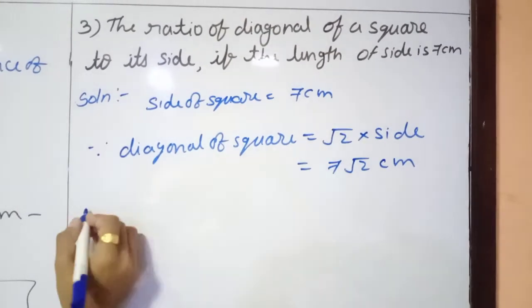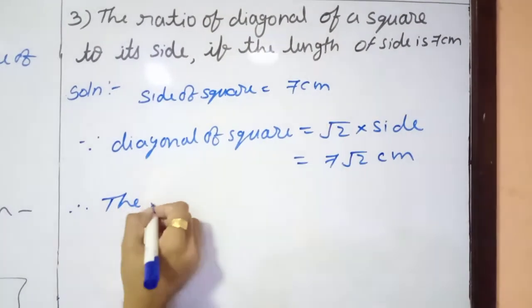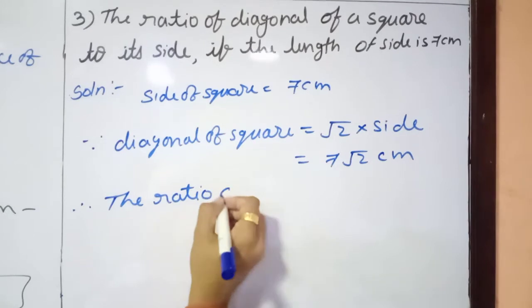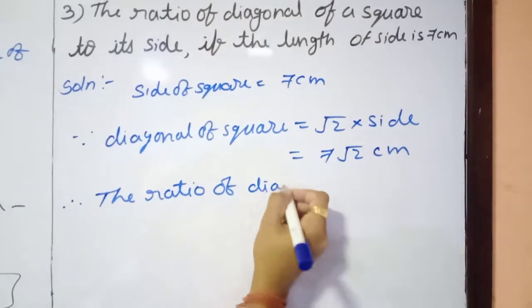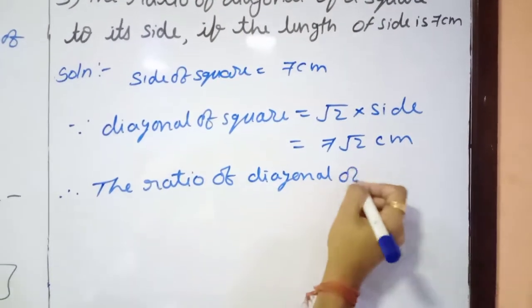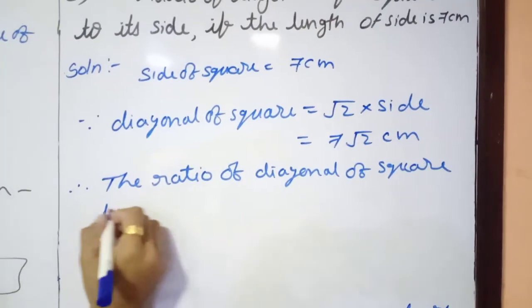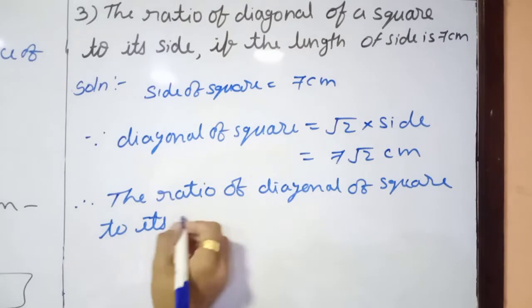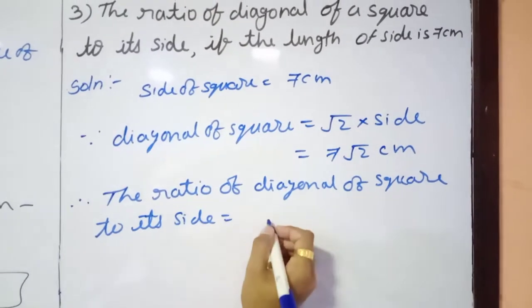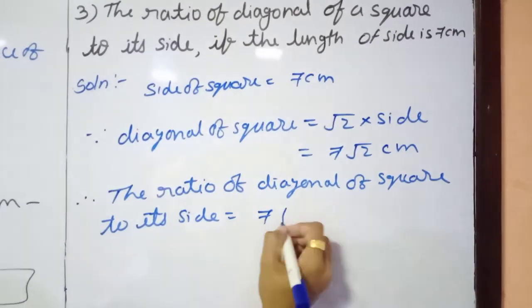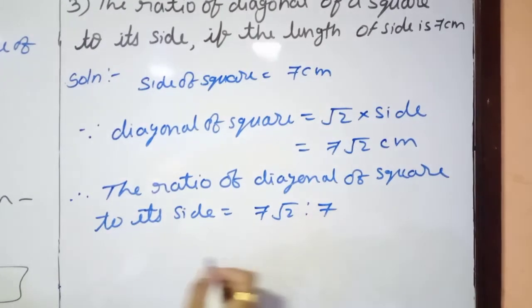Yes. Therefore the ratio of diagonal of square to its side is equal to, what is that? 7 root 2 is to 7.